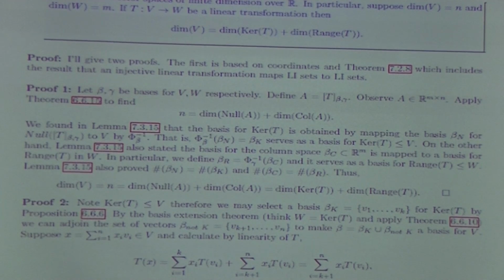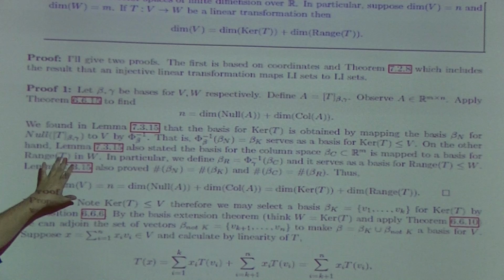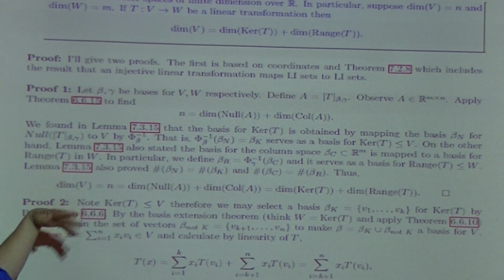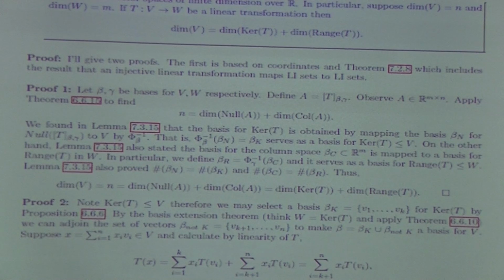So the proof of this basically is, I'm not going to have time to really go through it properly, but essentially you pick a basis for the null space to start with, right? I pick a basis for the null space in the domain, and then I extend that basis to everything else.